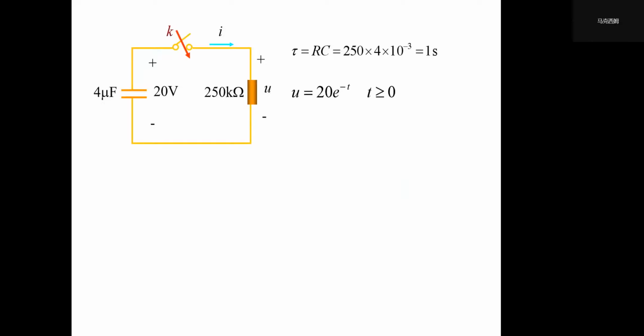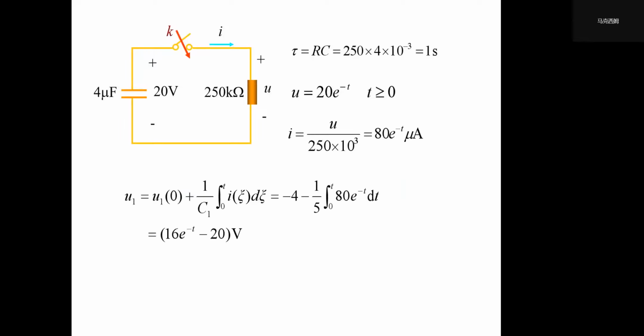And U equals 20 times e to the negative t. So the current is like this, and we can calculate U1. U1 equals U10, and U10 we already have, right? U10 is 4.